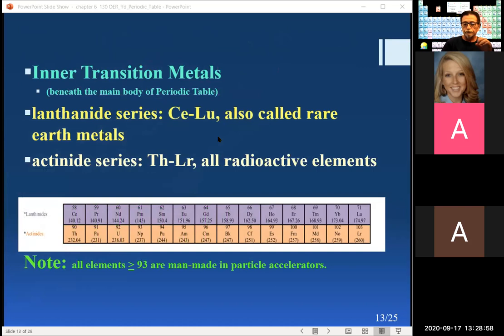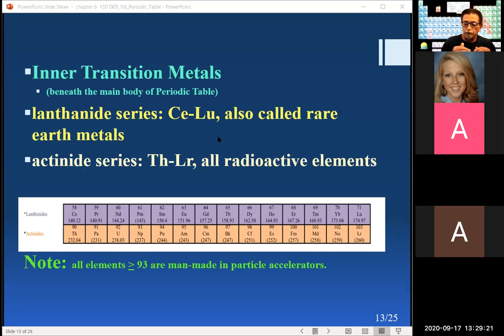Now, the inner transition metals that roll down at the bottom have their own special names. The top row, starting with 58, is called the lanthanide series. They also have an alternative name, the rare earth metals. A lot of them are used in electronics and so forth, and are expensive metals.